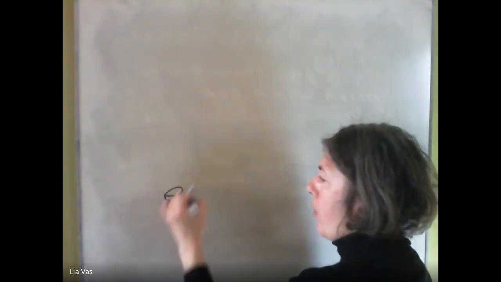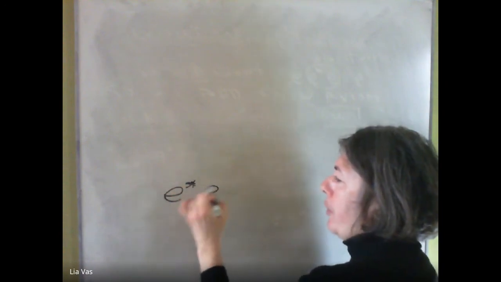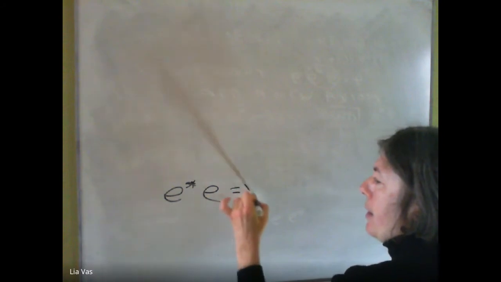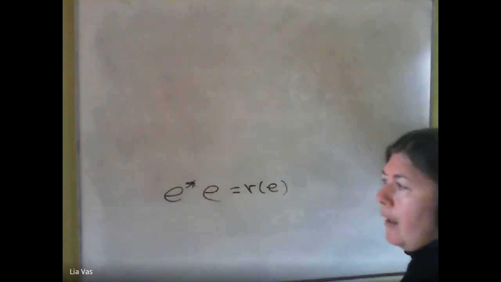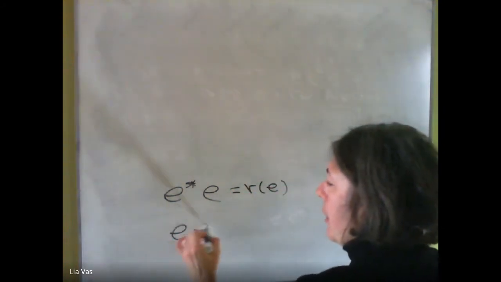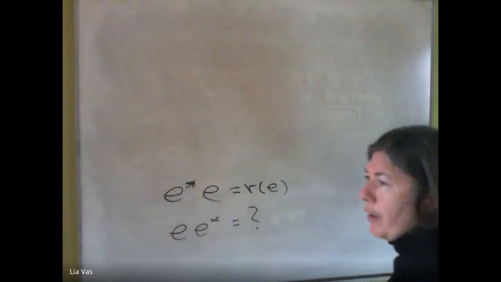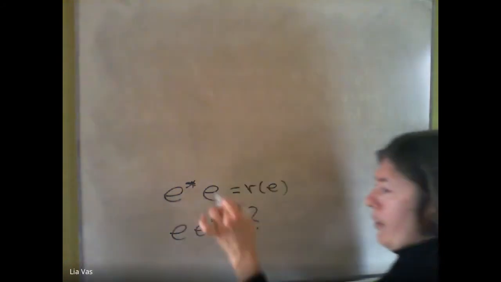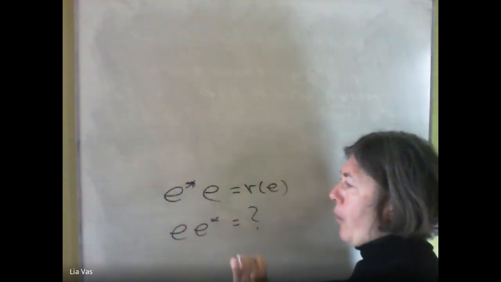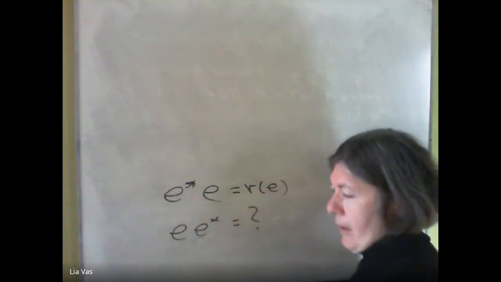So Ck1 is good because it specifies what one of these non-obvious products is. So I know that E star E is range of E, right? Ck2 is going to give me the other version of this order here. The other, if it's not E star followed by E, but if it is E star.